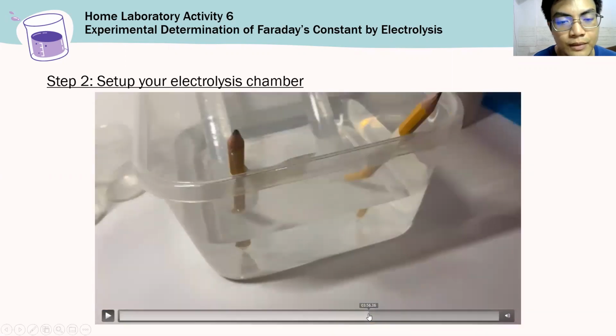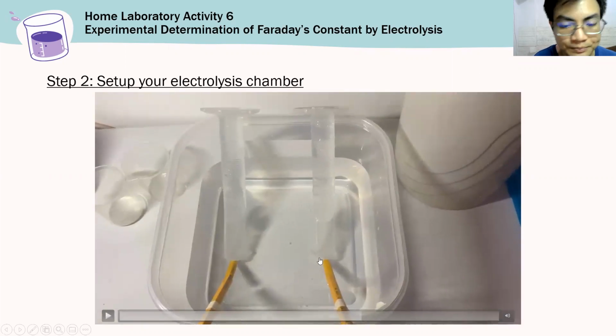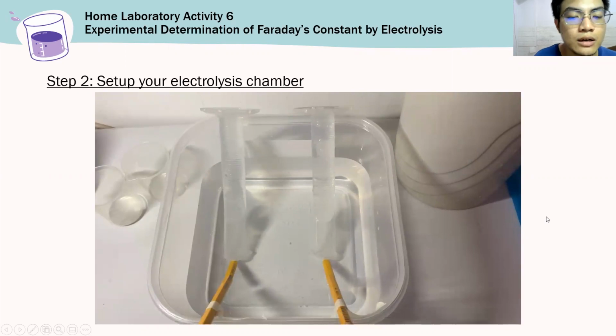Okay. So this is the final setup. Let me pause it. Again, your pencils will serve as the electrodes. One of them will be the cathode, one of them will be the anode. This is your water with salt, and these are your test tubes that are inverted. Make sure that there are no bubbles here.